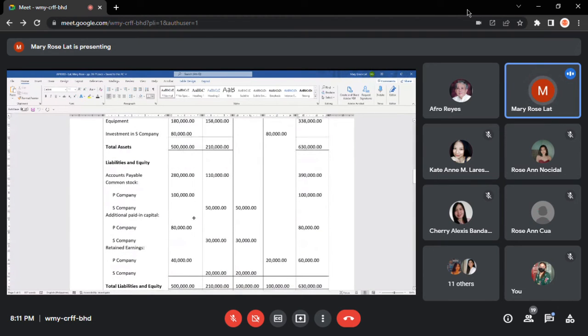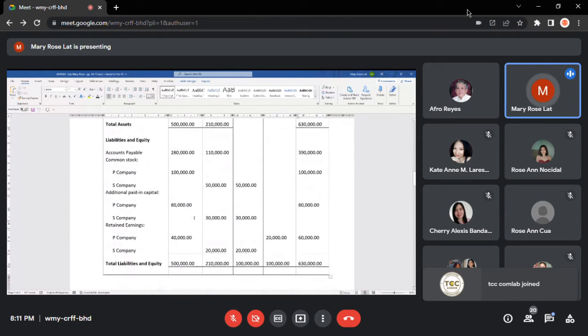Liabilities and equity. Accounts payable of P Company is 280,000 and the S Company is 110,000, with a consolidated amount of 390,000. Common stock: P Company 100,000 with a consolidated amount of 100,000, S Company 50,000.